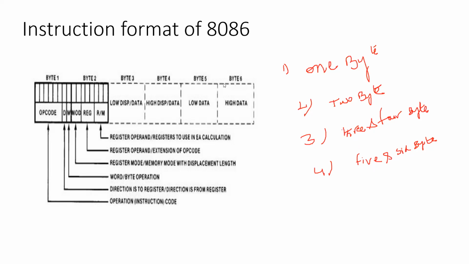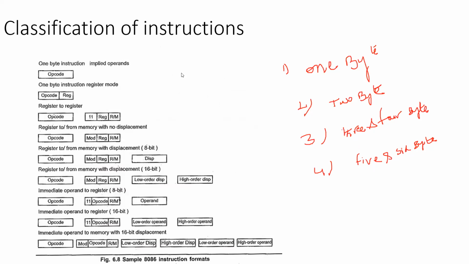Now let us see how these are represented here. See, 1-byte instructions. That means you will have only a single byte. So this is a 1-byte instruction. These are generally implied operands.